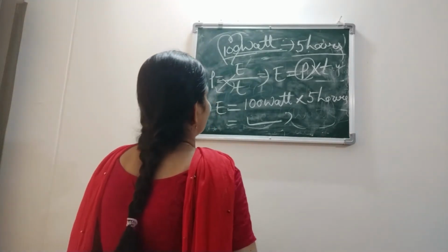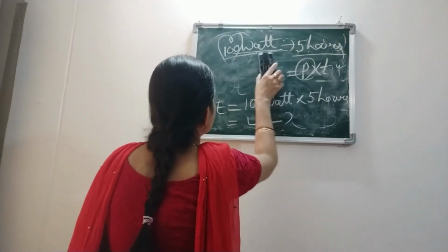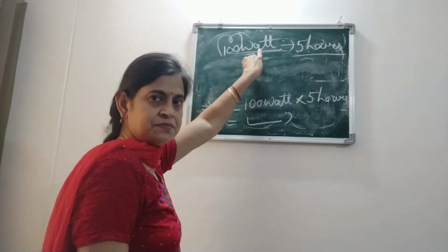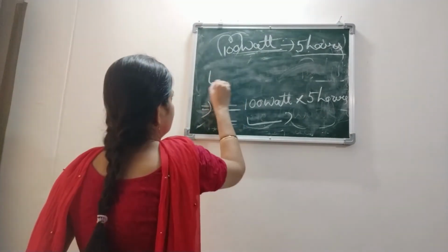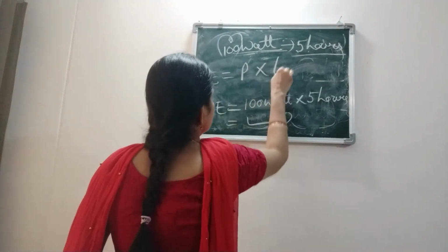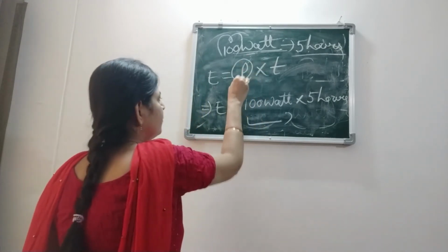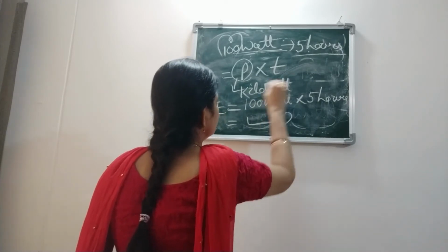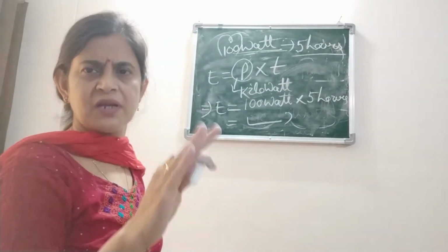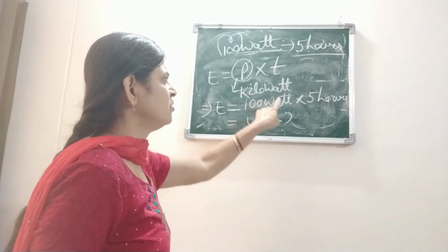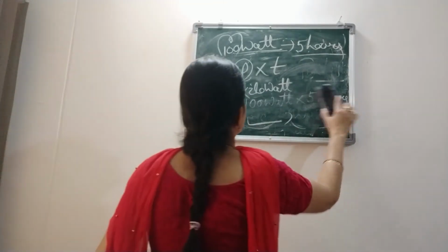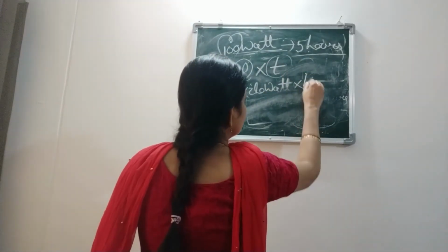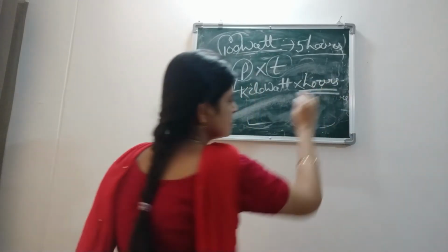Here remember one thing, generally we use the unit of power as watt, but if you take the power in kilowatt, kilowatt means like kilogram, that means 1 kilowatt is equal to 1000 watts, and at that time time will be in hours, not in seconds.